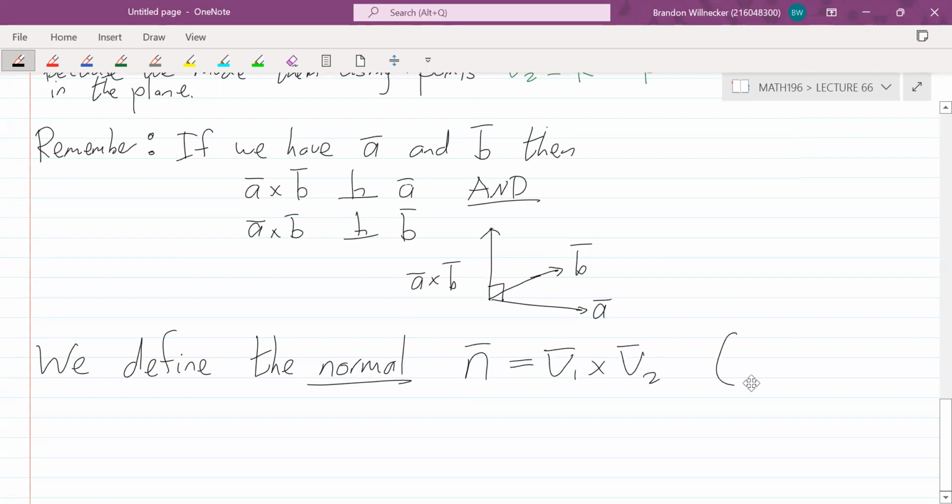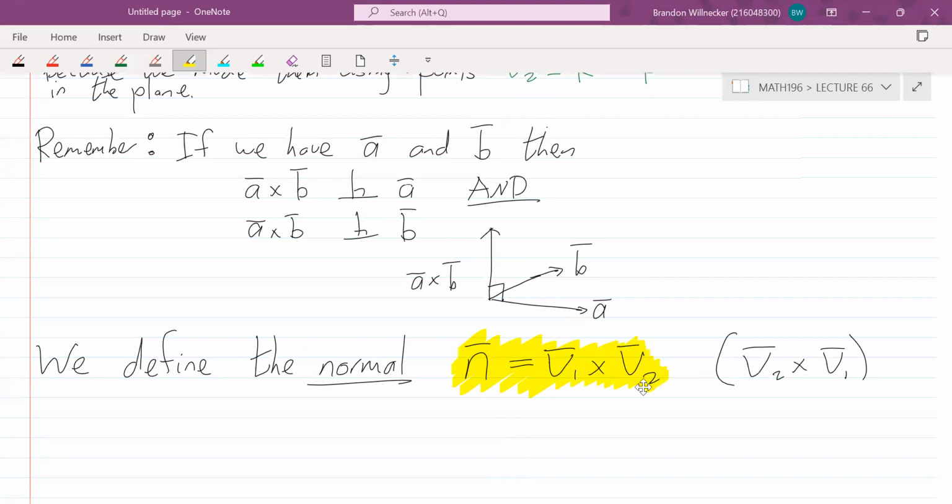And of course, you could do it the other way around, and then you just get that minus sign, or you could do V2 cross V1. So it doesn't matter which way you do it. So this gives us the normal to the plane.